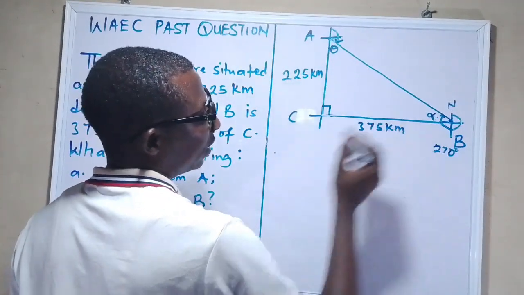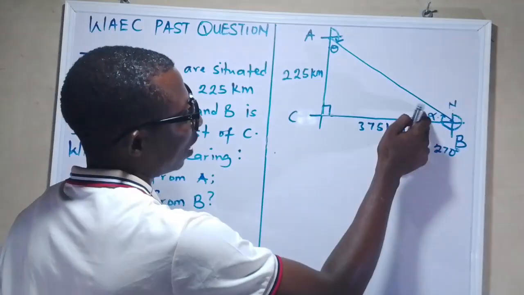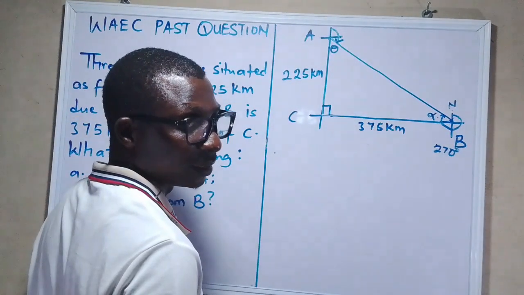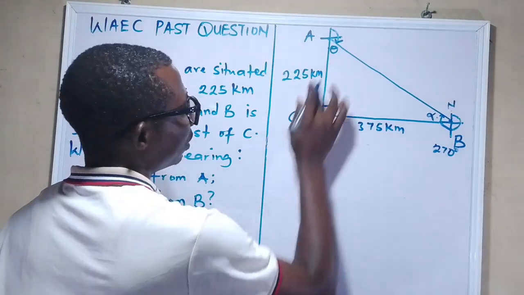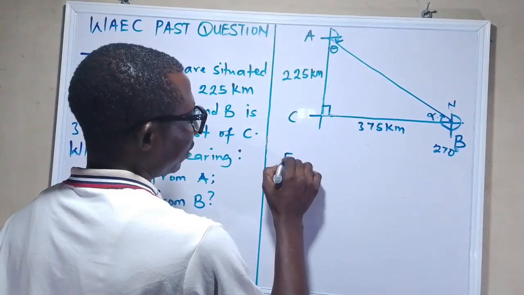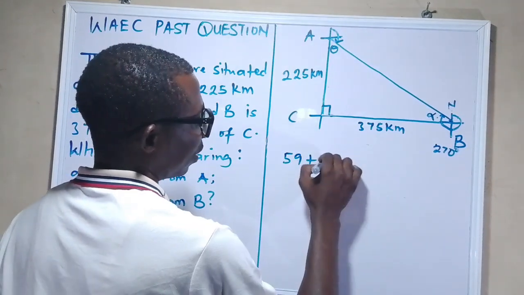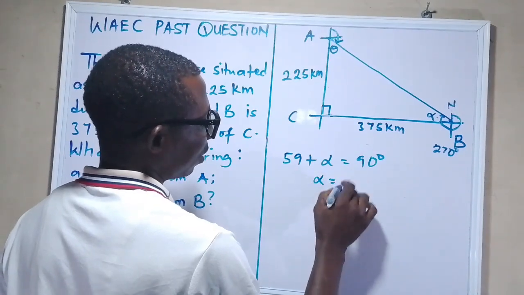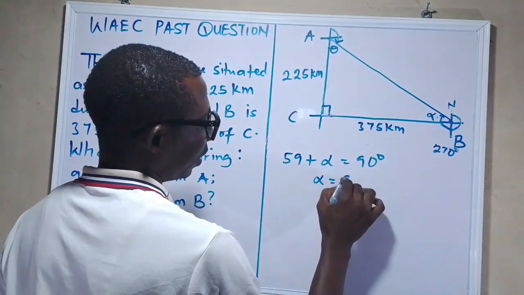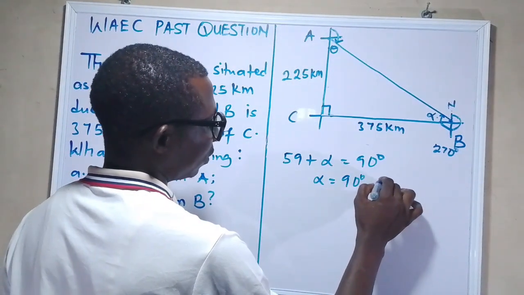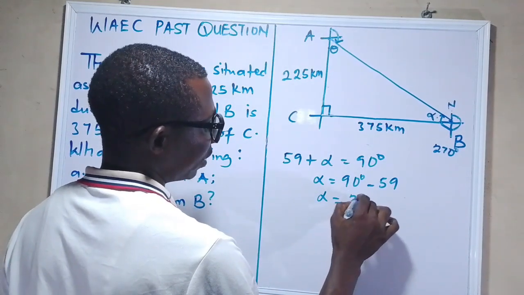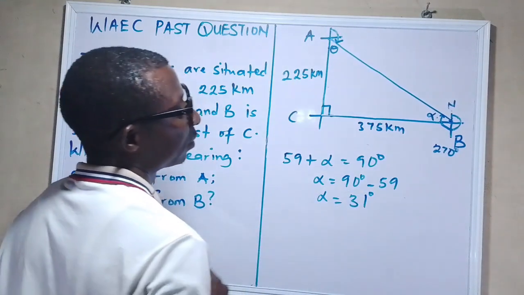So let's get this. Now these angles are complementary. That is, the addition gives 90 degrees. So we have 59 plus alpha equals 90 degrees. So alpha is 90 degrees minus 59. So alpha is going to give you 31 degrees.